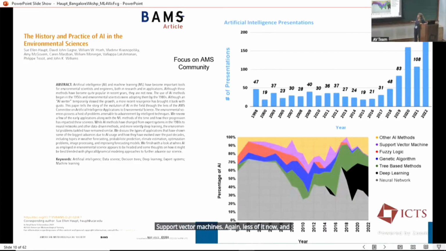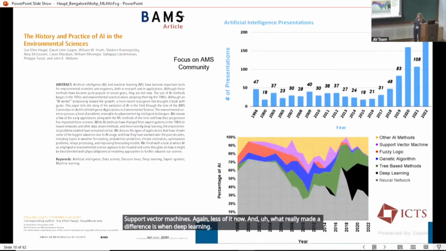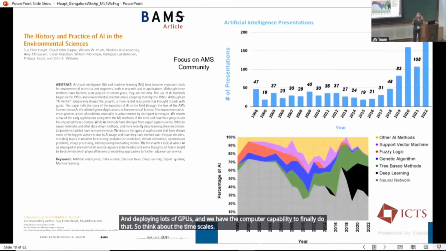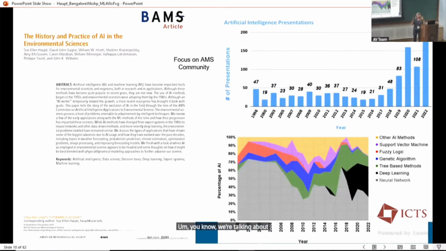And what really made a difference is when deep learning came in. That was around 2018, right as we're developing and deploying lots of GPUs, and we have the computer capability to finally do that. So think about the timescales. We're talking about a millennium of using data to think about how to understand what's going to happen with the weather.